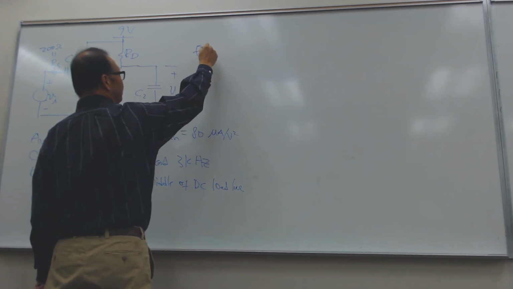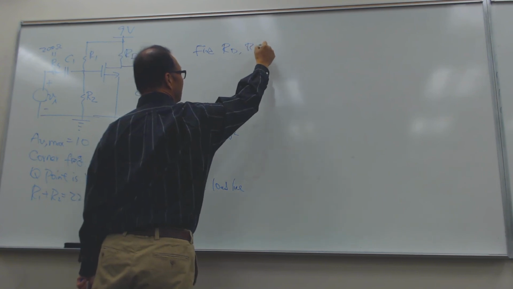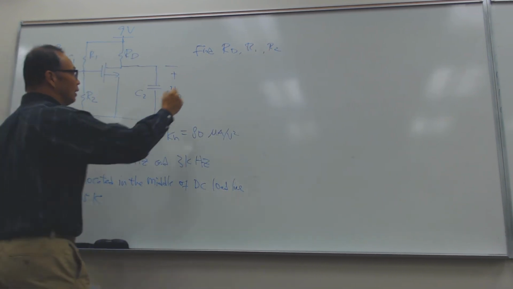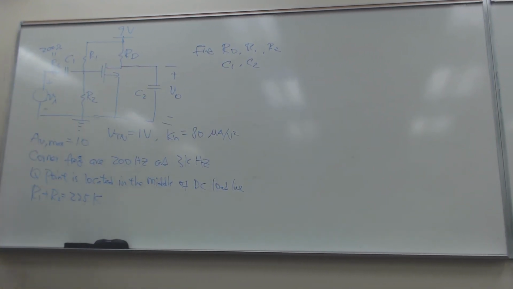So basically, we have to find RD, R1, R2. What else? C1, C2, so that I can get all this performance. So how do we start?